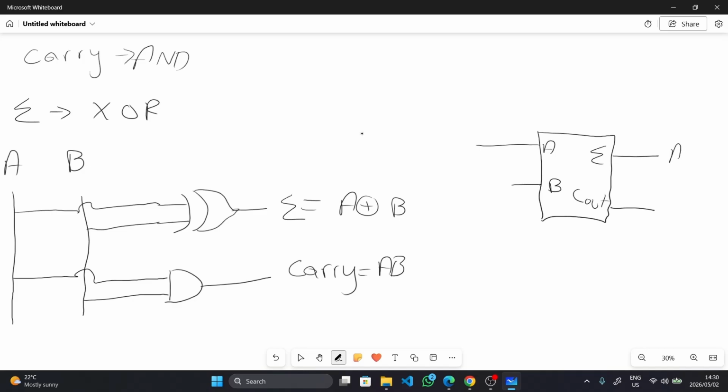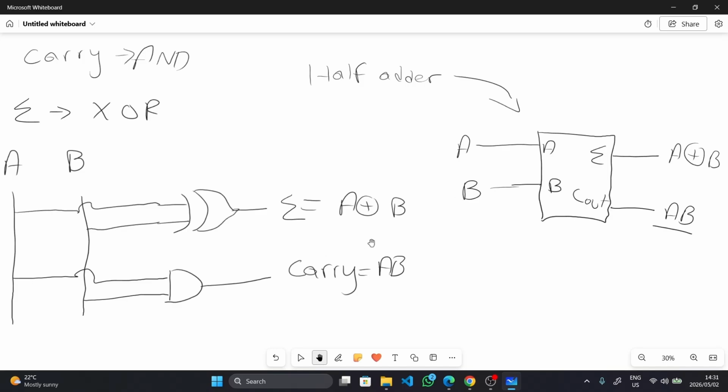Here we have our exclusive OR gate equation, and then the two inputs, and our carry out will be the AND gate. So this is our half adder.